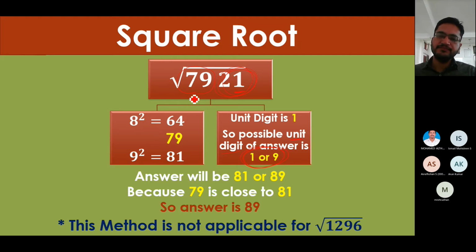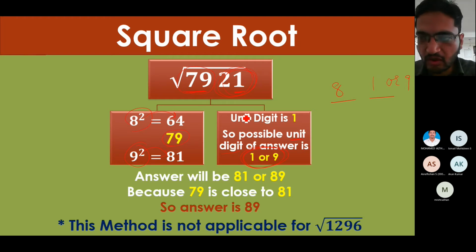And second step, now next is 79. Now 79 lies between the squares of 8 and 9, because 8 square is 64 and 9 square is 81. So 79 is greater than 64, so the tens digit will be 8. Now we have to decide whether the unit place is 1 or 9.